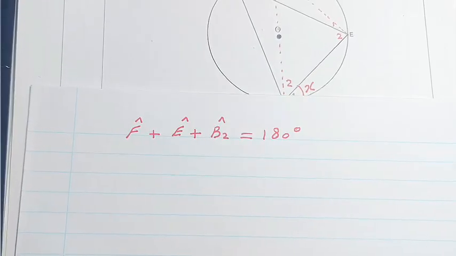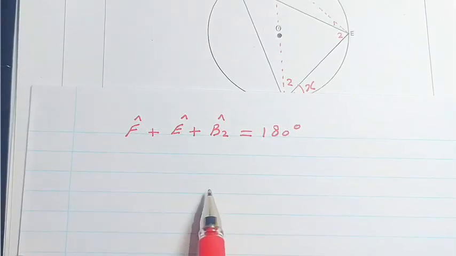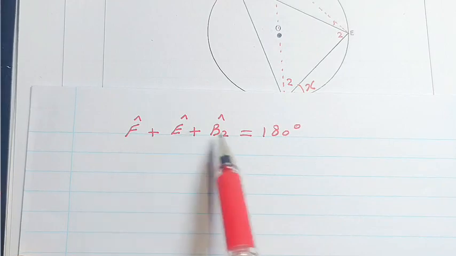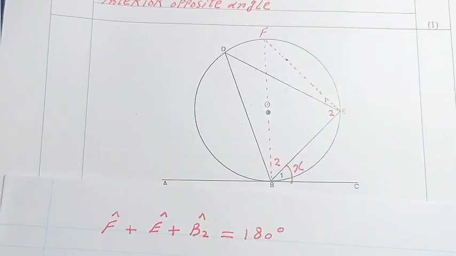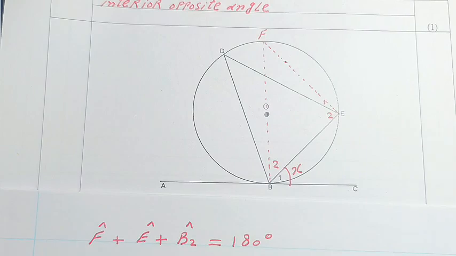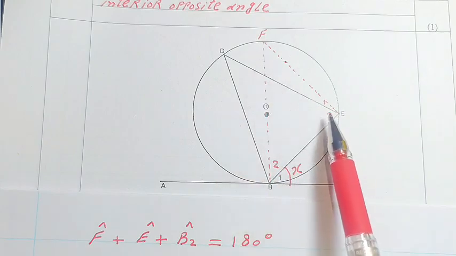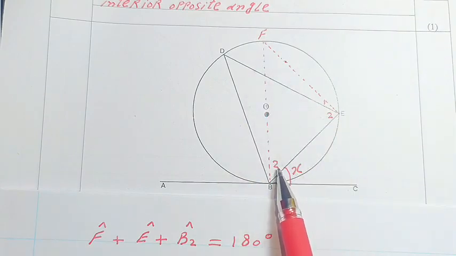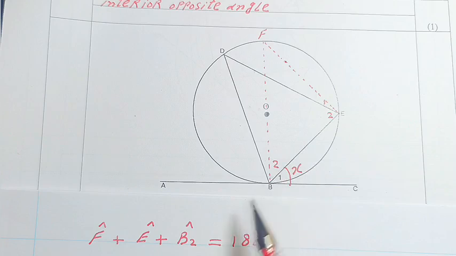Why do I say angle F is equal to x? Because in triangle FEB, angle F plus angle E plus angle B2 must be equal to 180 degrees.